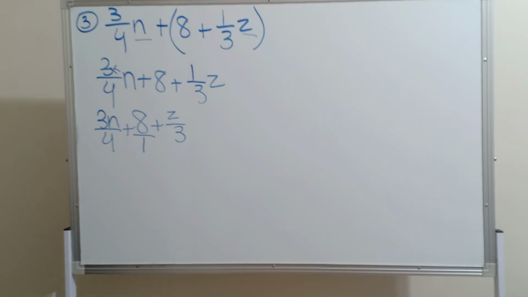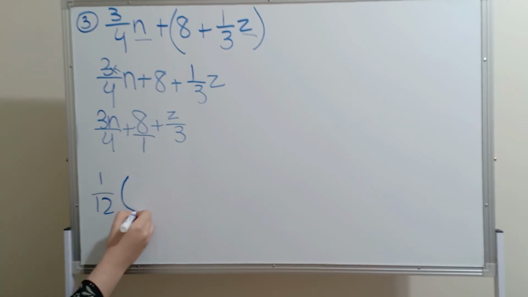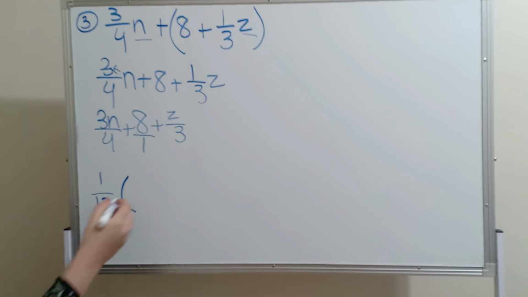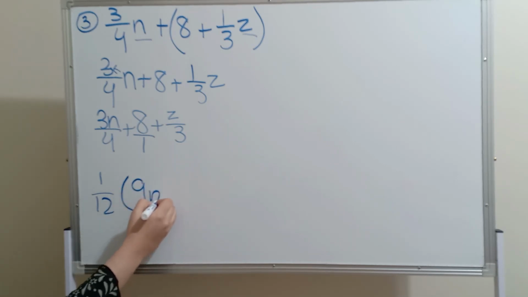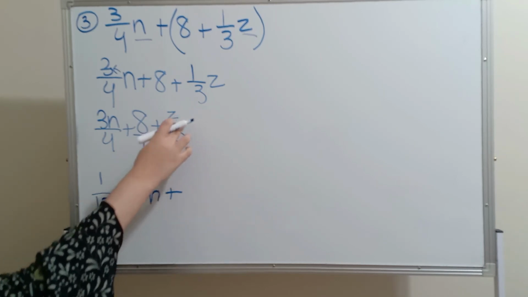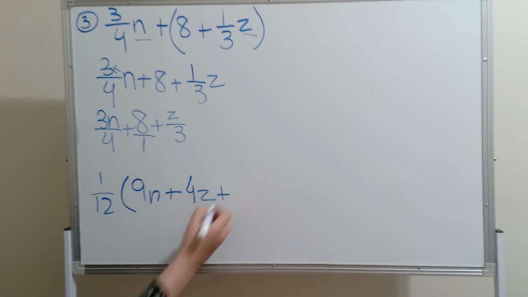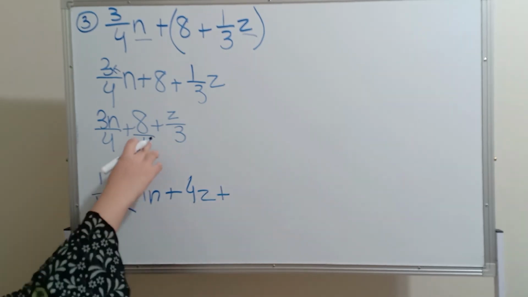So let's do 12, and we're going to multiply all of these numbers by 12. So if you multiply 3/4 n by 12, we will get 9n plus, because all of these numbers are positive, 4 times z, because if we multiply 12 times z over 3, z divided by 3, we will get 4z plus, we can do 8 divided by 12.